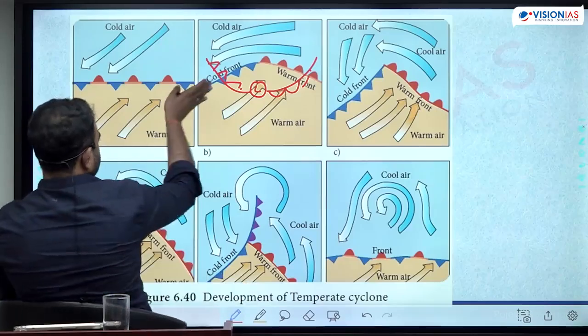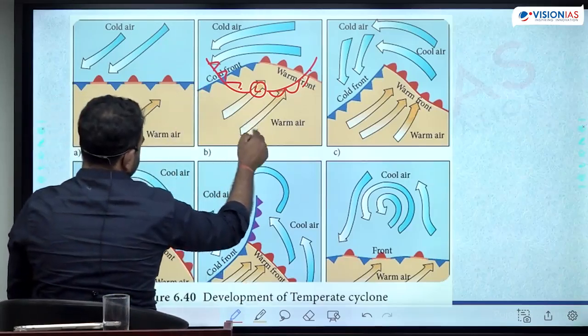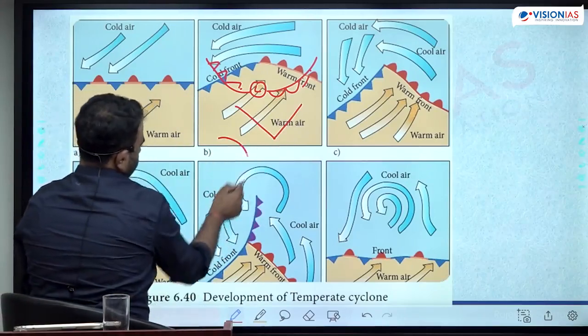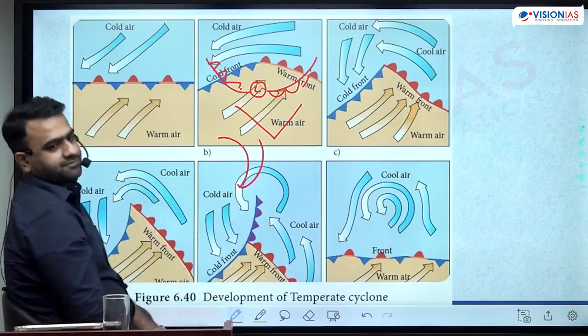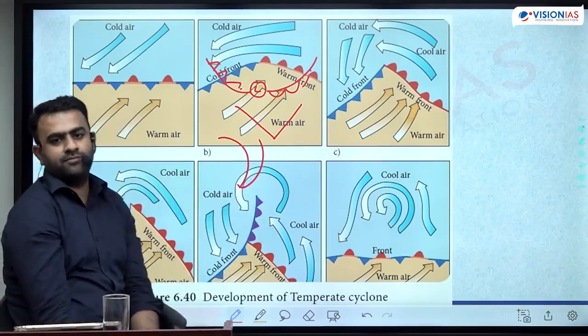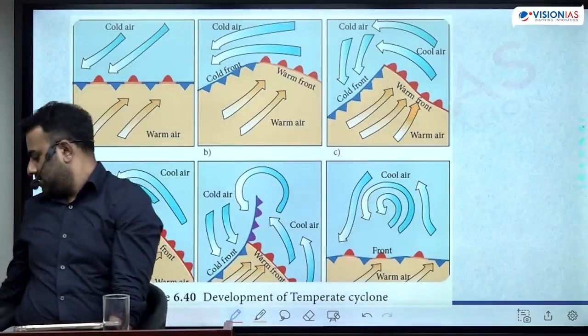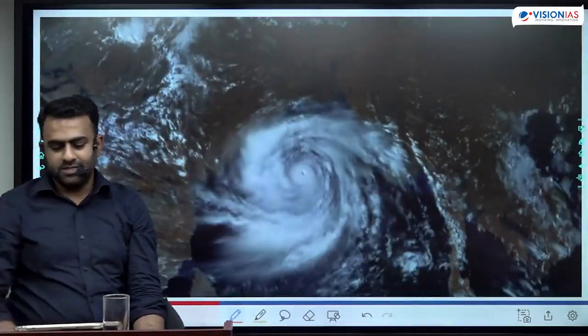Okay, so as the cold air gets pushed here, फिर gradually ये ऐसे बनेगा, V front ऐसे बनेगा, फिर ऐसे बन जाएगा, फिर occlusion होगा. ठीक है, next tropical cyclones.